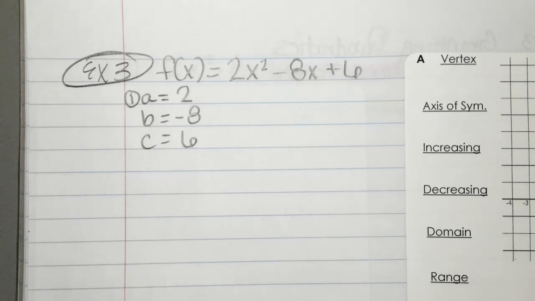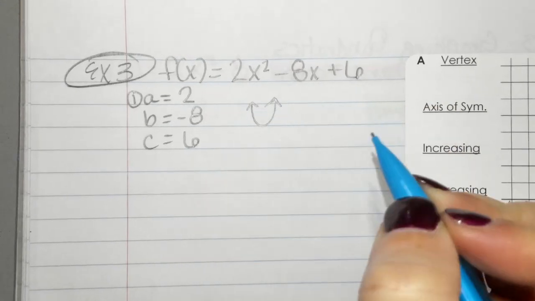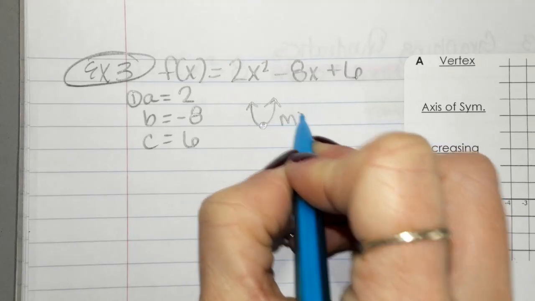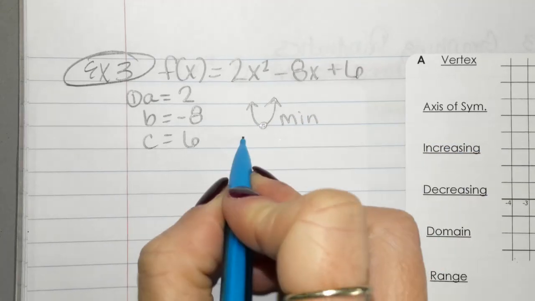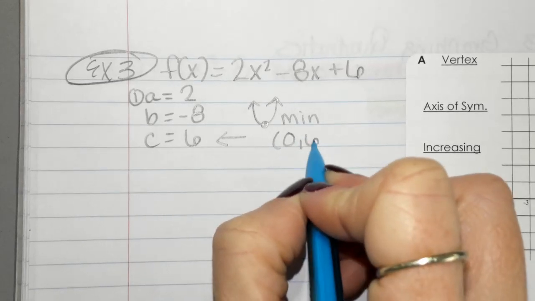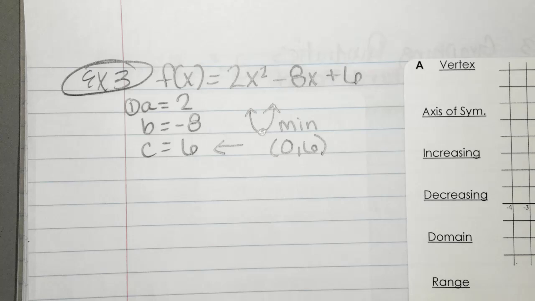What's it going to have? Minimum, because it's positive, so it will face upward. We don't know what it's going to look like yet, but we do know that it will look like this when it's done, so minimum value. And because of this guy, I can tell you my y-intercept is 0, 6. So when I graph it, that's where it should cross the y-axis. If it doesn't, I've done something wrong.